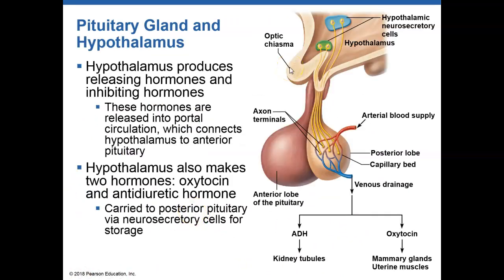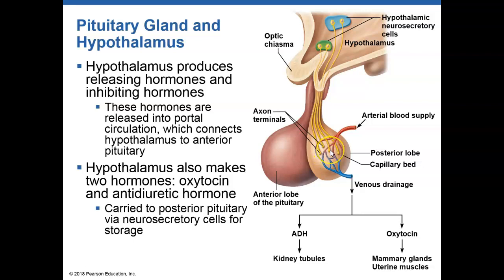So let's look at the pituitary gland and the hypothalamus a little closer. Here's the hypothalamus, and this entire structure is your pituitary gland. You have an anterior and a posterior lobe. Posterior is nervous tissue, remember. The anterior is completely endocrine. So up here we have cells that produce hormones. These cells then send the hormones to the posterior pituitary for storage and secretion.